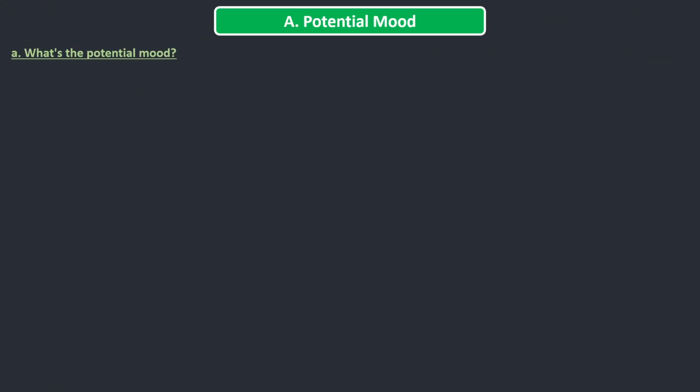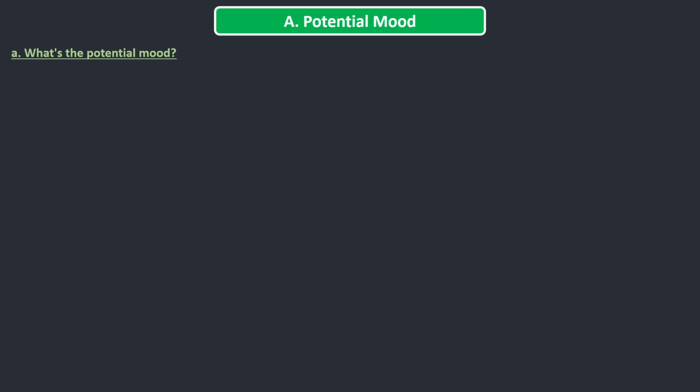So what is the potential mood? As I said in the previous slide, it is about the potential, like ability and possibility, when there's a potential for something to happen, or simply when you're able to do something.